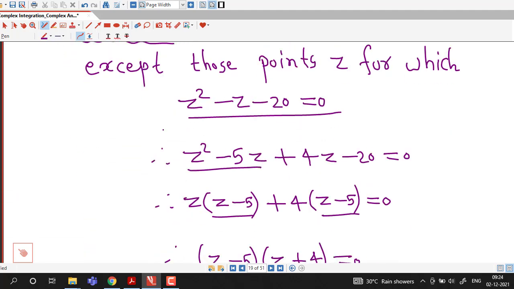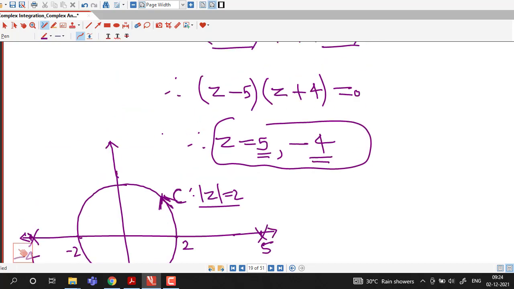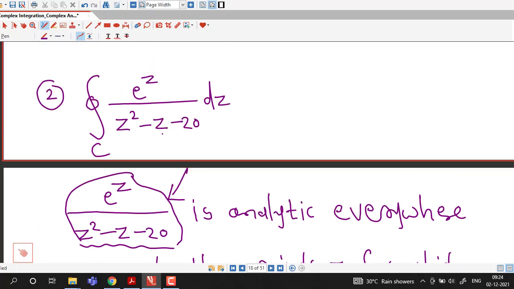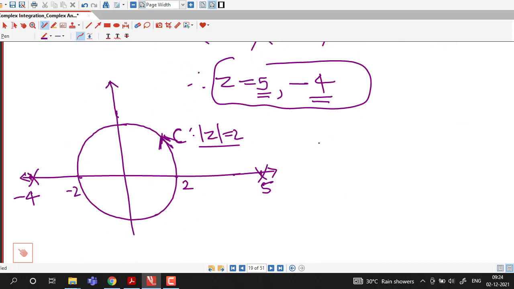And we know the Cauchy-Goursat theorem. Cauchy-Goursat theorem says that if the given function is analytic everywhere inside and on a simple closed contour C, then the integral of that function along that contour is 0. So here we can write f of z, or we can directly write the given function.